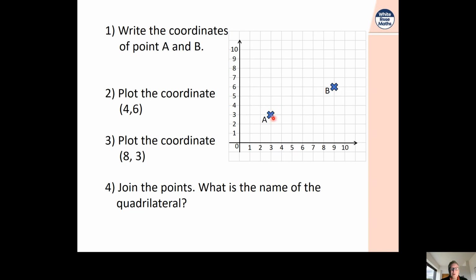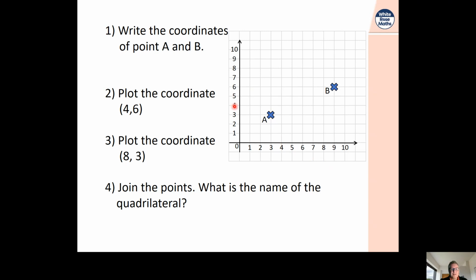So the coordinate of point A, this is the x-axis. This is the y-axis. How do you write it? Plot the coordinate. Do we start here or here?